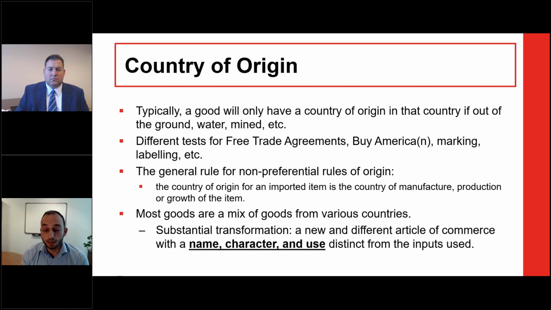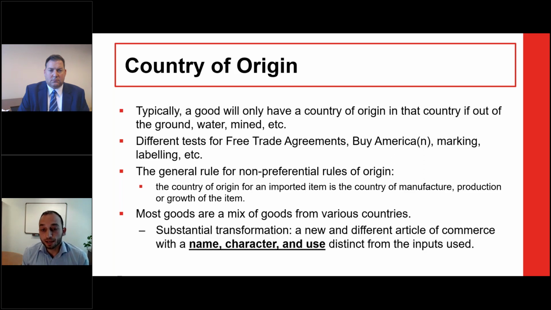And in that sense, the country of origin of a product that consists of various inputs from other countries is the last country where there was substantial transformation. So the courts and CBP define substantial transformation as a process where a new and different article of commerce with a new name, character, and use distinct from the inputs used is created.